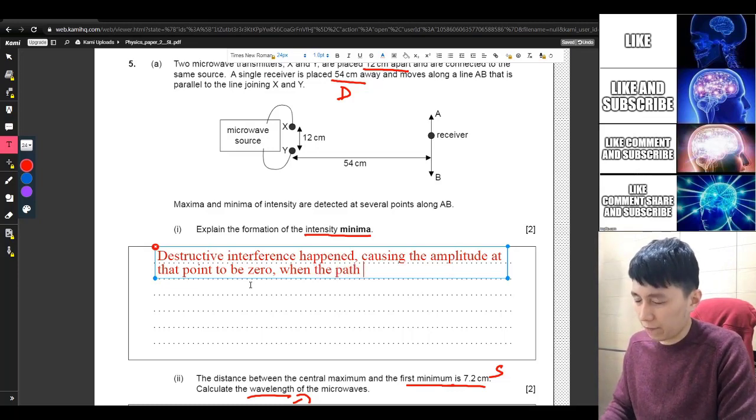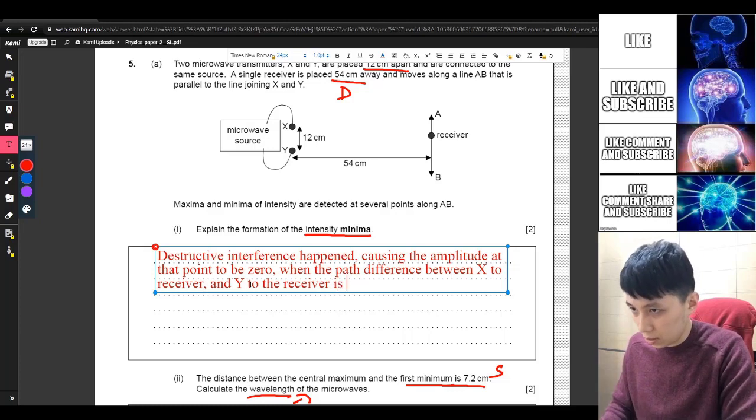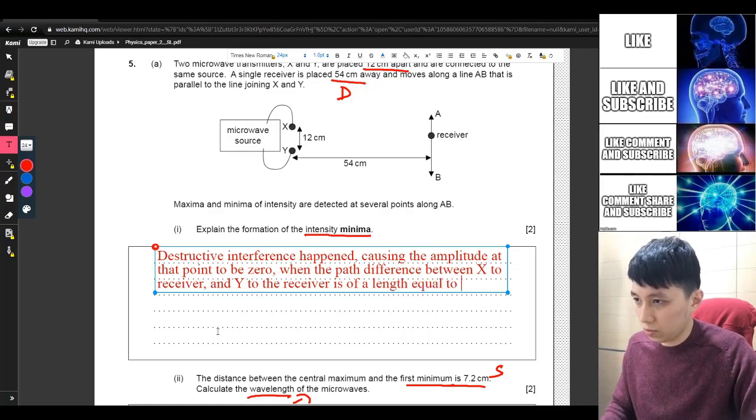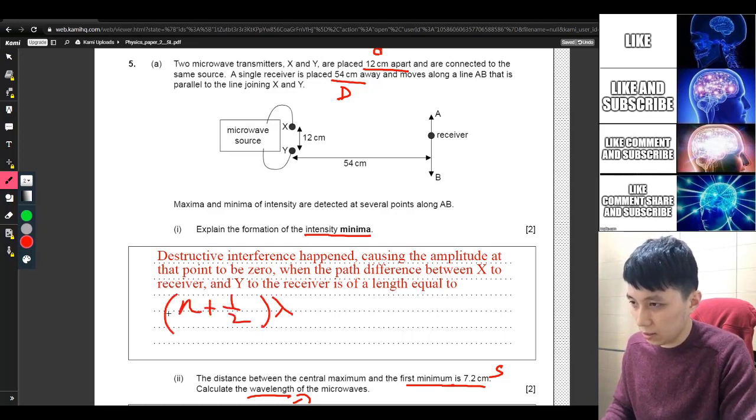When the path difference between X to the receiver and Y to the receiver is of a length equal to, the general form that we have for the destructive interference, that would be n plus half lambda, right?